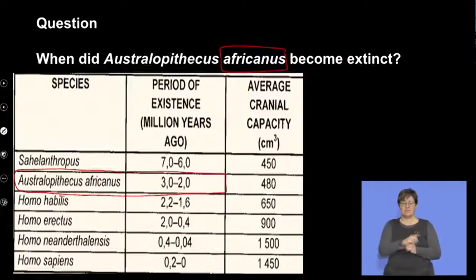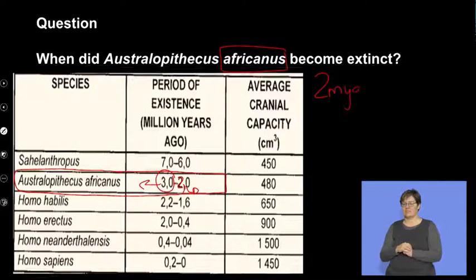So guys, you can't tell me, this is period of existence. This is 3 to 2 million years ago. So you can't tell me that they became extinct 3 million years ago. They were still here 2 million. You look at the last one, and we go 2, and you can write out million years ago, but you can also do that.